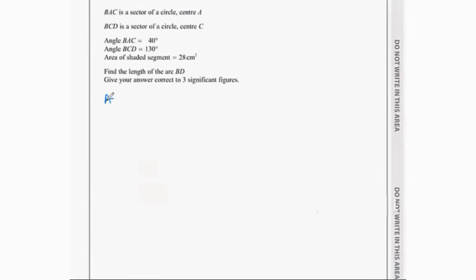So area of sector minus area of triangle is basically the shaded segment, which is 28. So for sector BAC, the angle is 40. So 40 over 360 times pi r square. We don't know what r is.